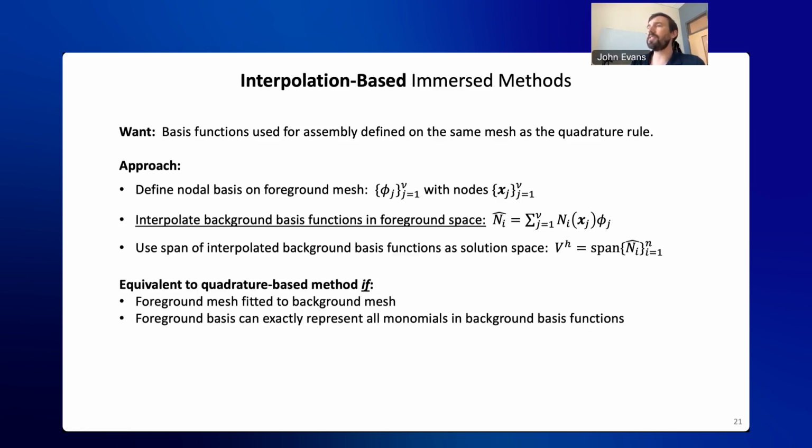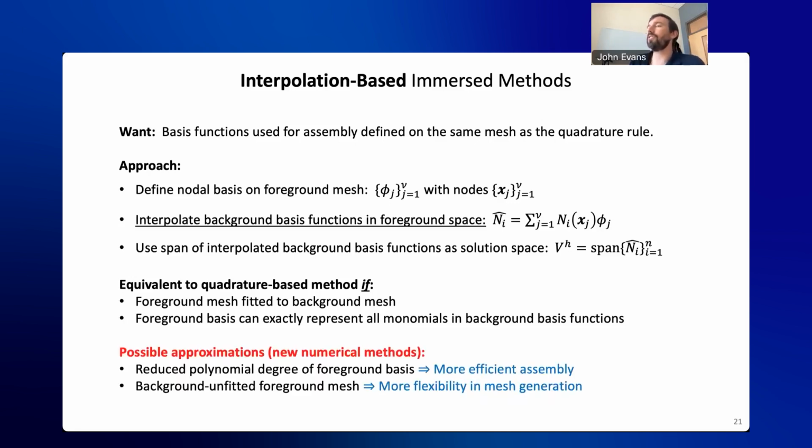And it turns out that this ends up being equivalent to a quadrature-based method if the foreground mesh is fitted to the background mesh. That means that each foreground cell lies within a unique background cell, and the foreground basis can exactly represent all of the monomials in the background basis functions.